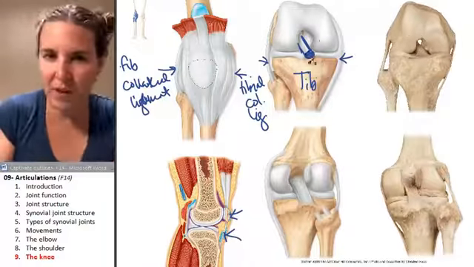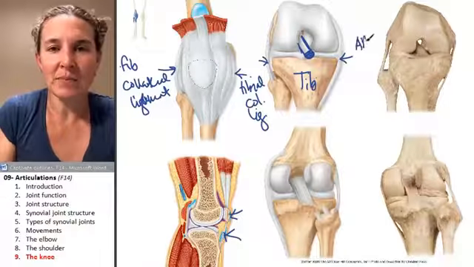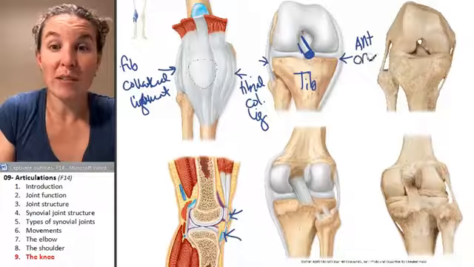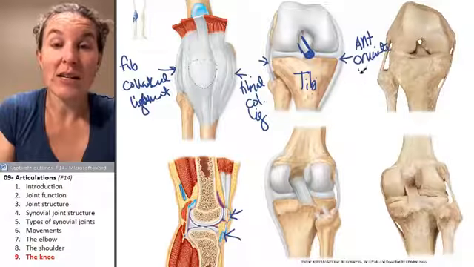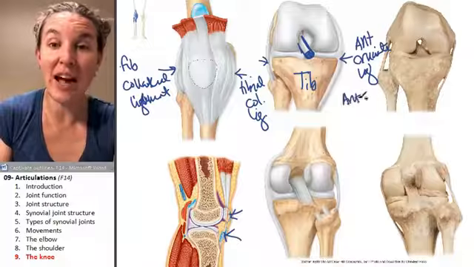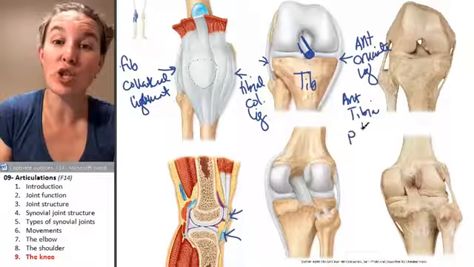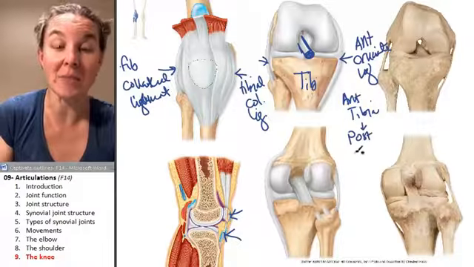Do you follow that? So that was the anterior cruciate ligament. It goes from the anterior aspect of the tibia to the posterior aspect of the femur.